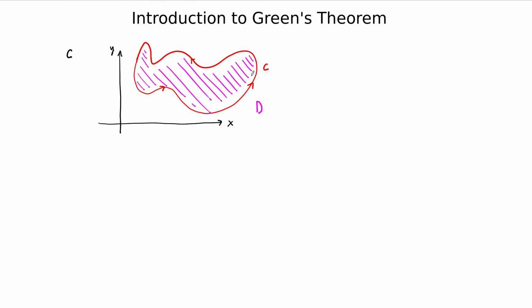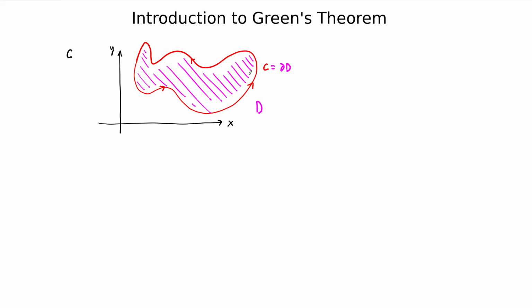In this relationship, the path C is the boundary curve of D, and in math we frequently write this curve as partial of D, not partial in the sense of a derivative necessarily, but definitely in the sense of the boundary. So C is the boundary curve of D.